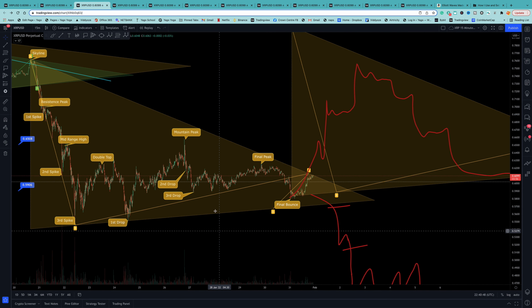It's longer than doing the smaller trade, like the trade from first drop to mountain peak. So you can get this sweet trade here, third spike. You can get another sweet trade all the way from third spike to mountain peak.